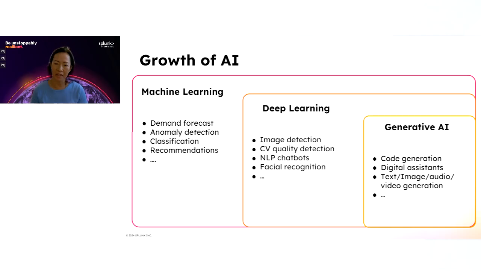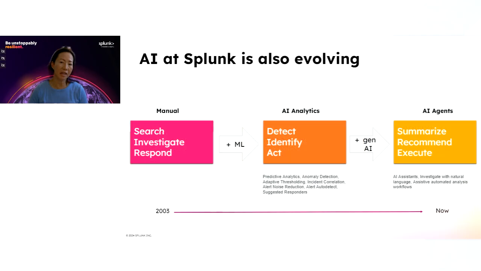So whether it's generating code or generating images, it's taking information and generating analysis from that. That is also AI, but all of this is under the umbrella of AI.